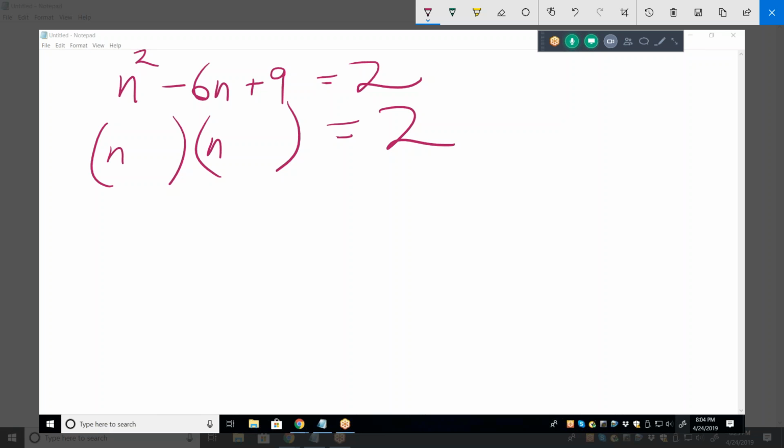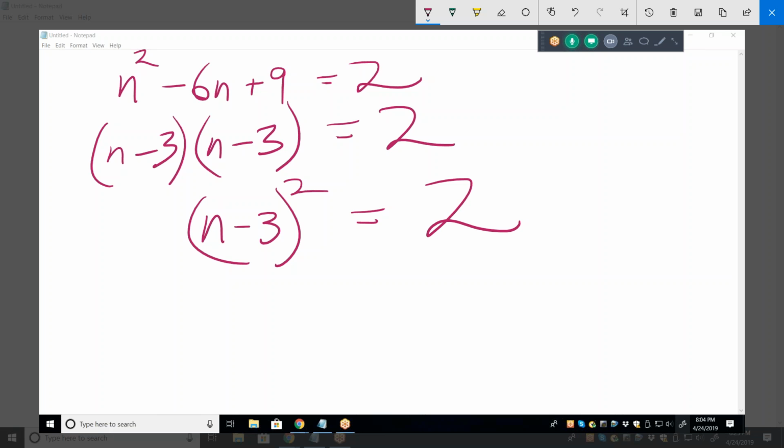Yeah. Both signs are what? Negatives. Factors of 9 that add to 6. 3. Now notice, and this is unique to this problem, I can write this like this, and now I can solve this thing by taking the square root of both sides.